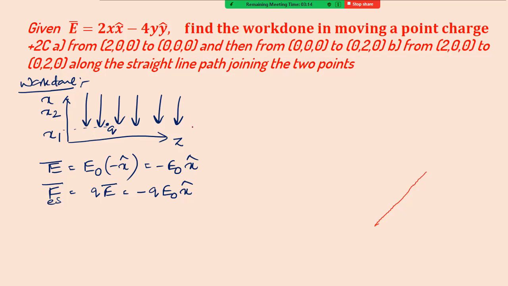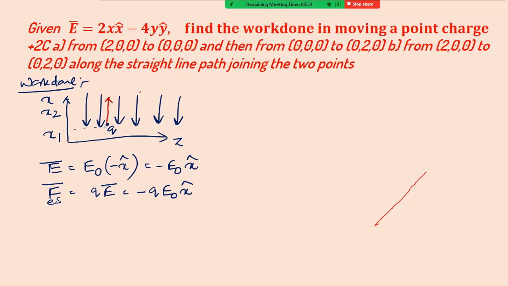So now the charge is to be moved the opposite way, means towards the positive x direction, up to the level of x2. Along the x direction only it is moving, from x1 to x2. The already existing field is downside, so we are moving the opposite way.